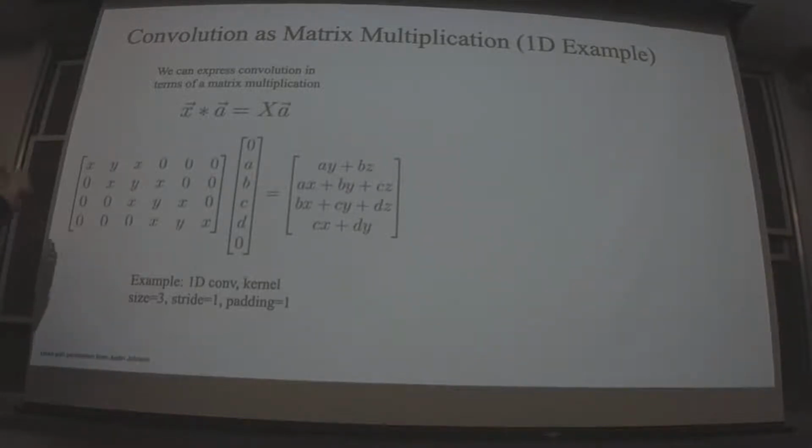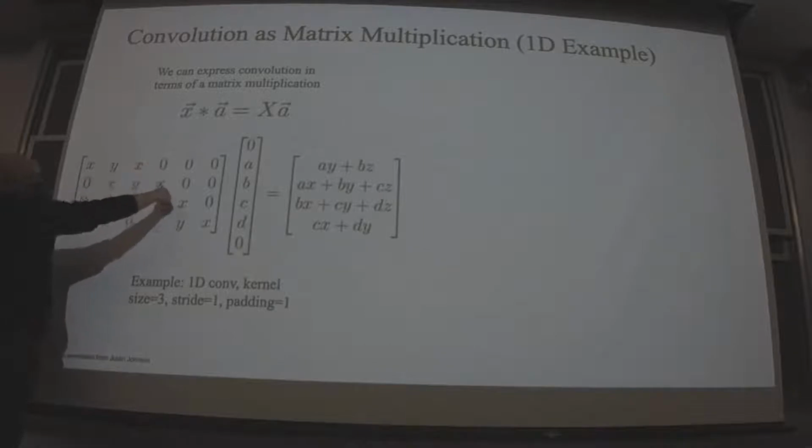If you knew something about tensor operations, you could express this for the actual 2D example. But convolution can be expressed as a matrix operation, at least 1D convolution. And here's what you have: your parameters.